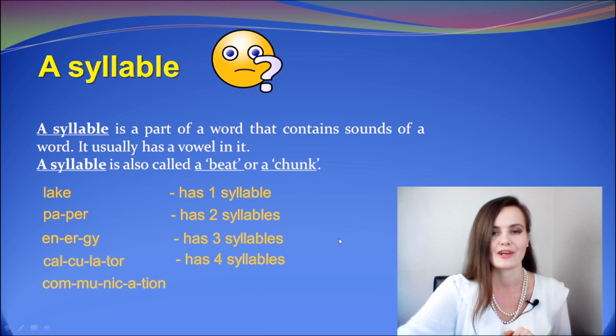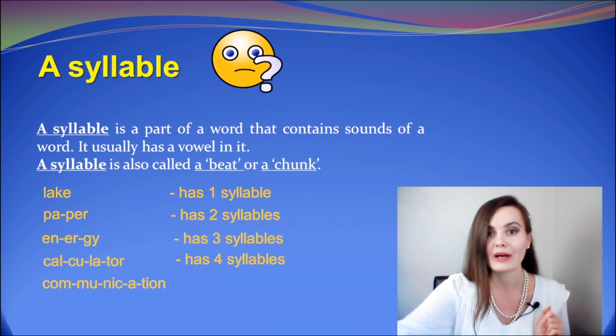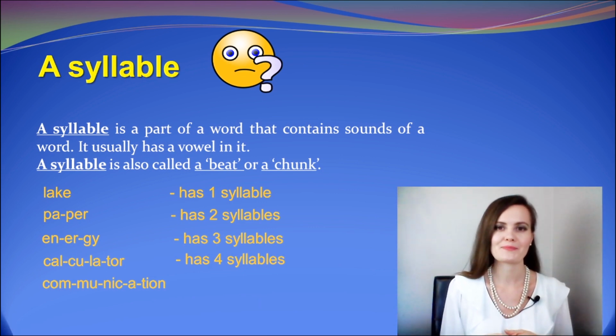Next word. Oh, this is a very long word. So let's try to read it. Let's do this together. Communication. So what word is this? You are right. Communication. Let's split it into the syllables. Let's clap with me.